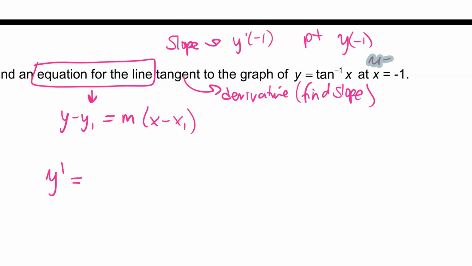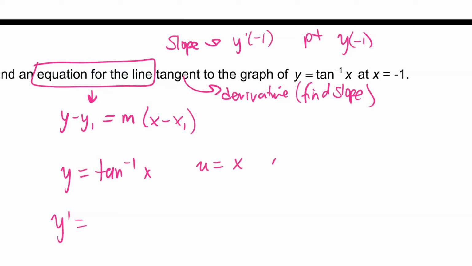U is my x, and u prime is 1. So when I plug into the algebraic expression that is the derivative of tan inverse, it's just gonna be 1 over 1 plus x squared times 1, so it is just 1 over 1 plus x squared. So that is the derivative of y.